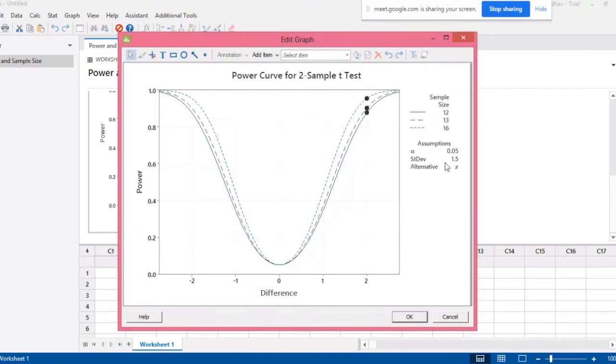Can you see the graph? Yes, sir. What happens when your power is increasing? Your sample size will increase, no? Okay. Standard power we take 0.85 because we have to balance between the alpha risk and beta risk.